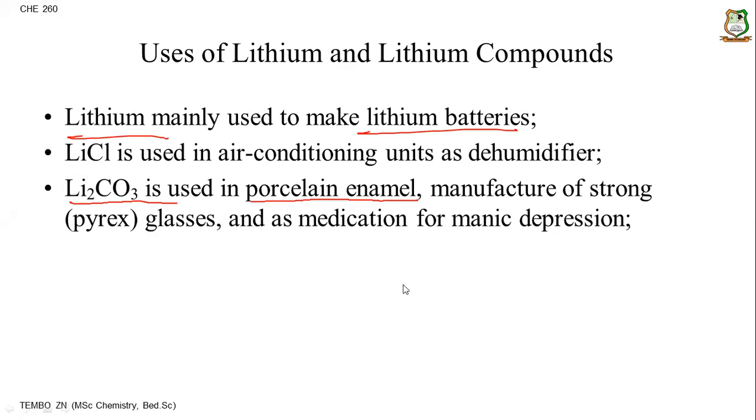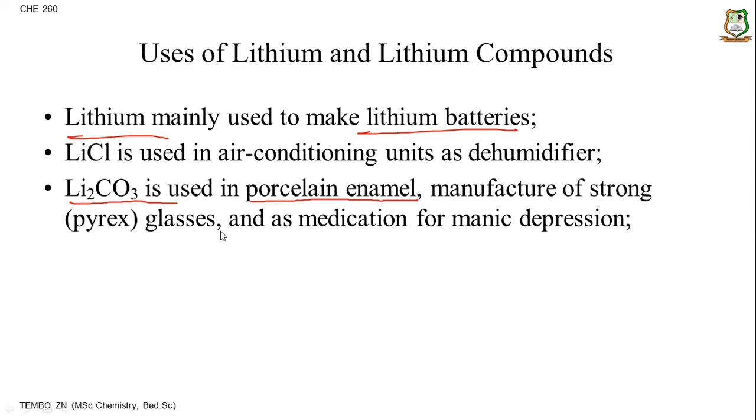So here you find that lithium is also used in making this porcelain enamel, in the manufacture of glasses and so on and so forth. And it is also used in air conditioning as a dehumidifier. Sometimes you find that in the room it is humid, like moist.